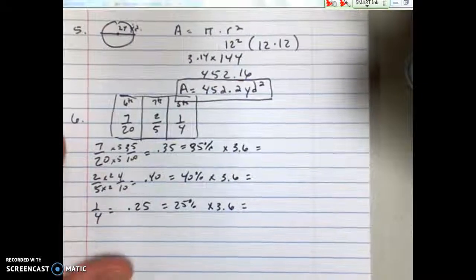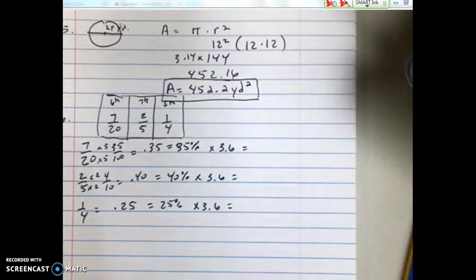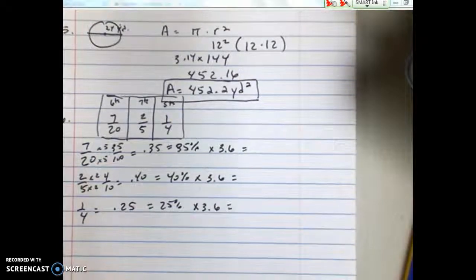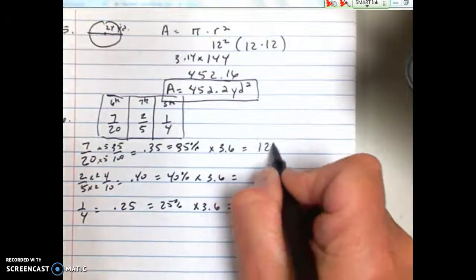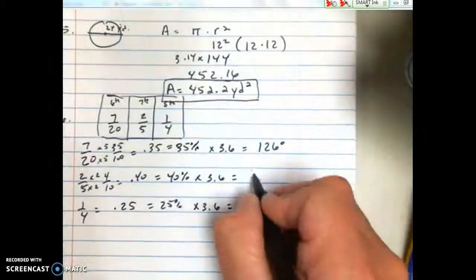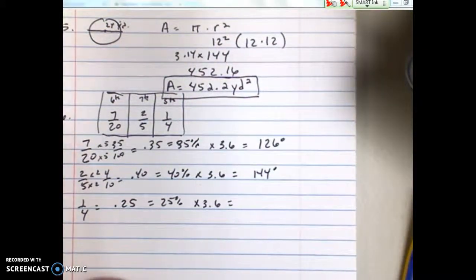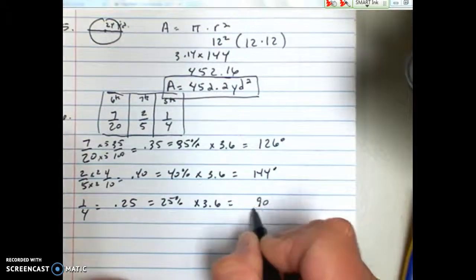So let's do that with our calculator. 35 times 3.6 gives me 126 degrees. 40 times 3.6 is 144 degrees. 25 times 3.6 is equal to 90 degrees.